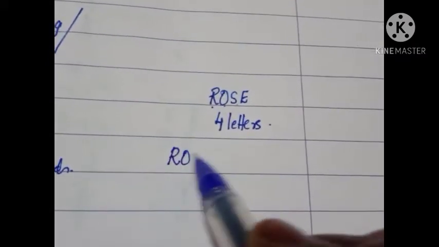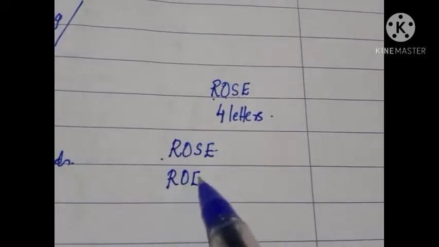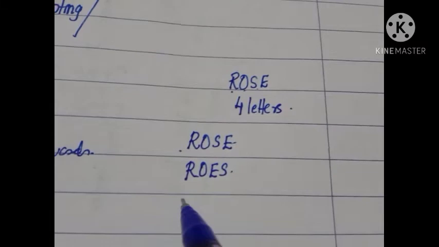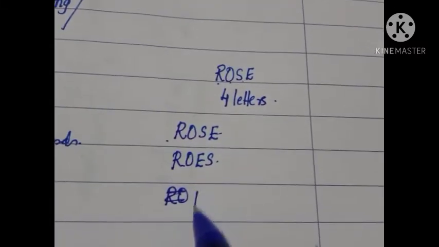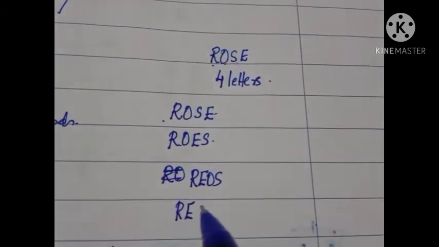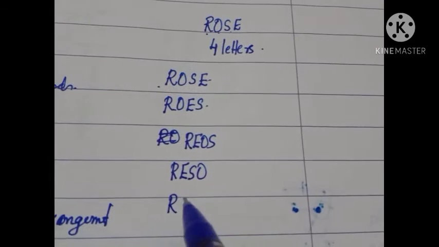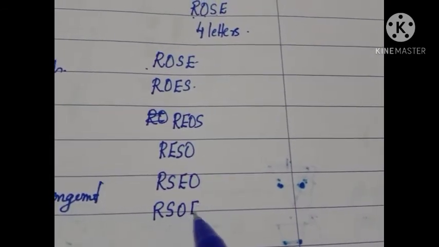Okay, so one of the arrangements is ROSE, another is ROES. It is another arrangement. Now REOS. Another arrangement. RESO. RSEO. RSOE.